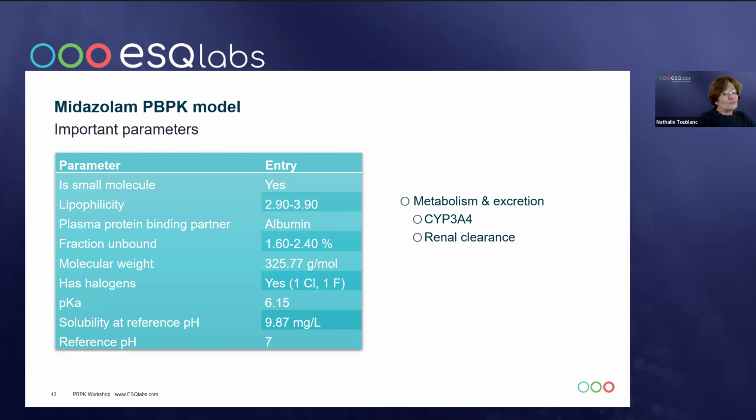But in real life, if you know that it's going to be metabolized by CYP3A4, you would enter it directly. If you have the information regarding the Vmax and Km, you would enter it directly into your model. If you don't have the information, you would enter it as hepatic clearance. But in our example, just for pedagogic reasons, we are going to do it stepwise.